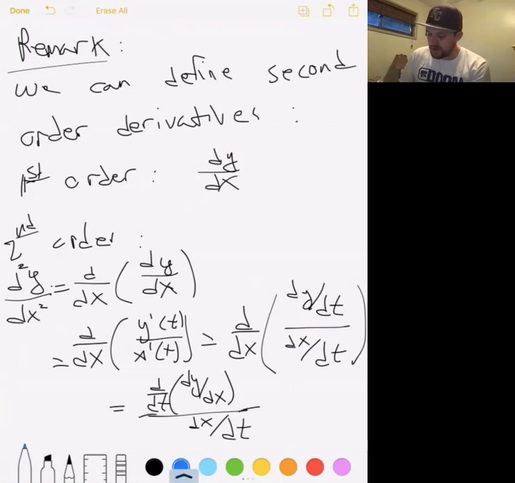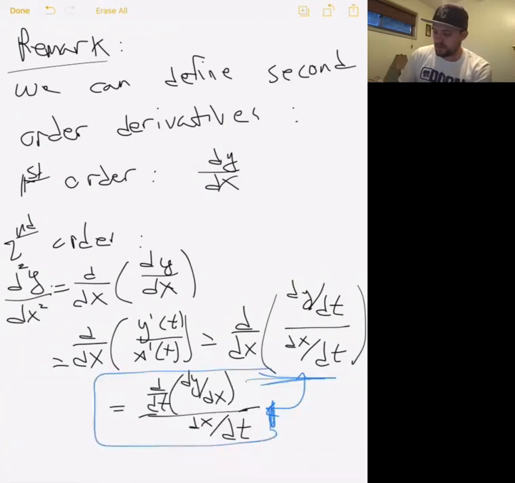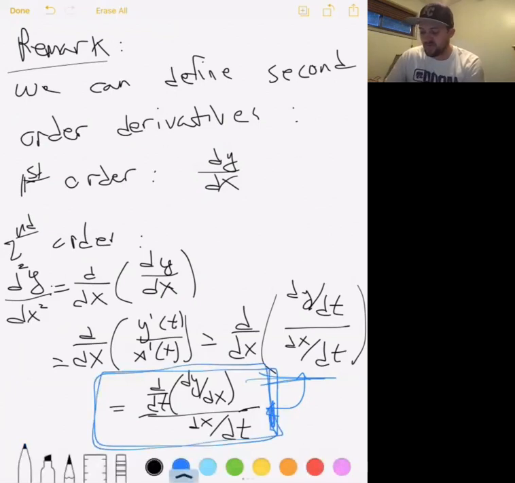And if you'd like a nice little exercise in playing around with derivatives and having to use the chain rule and stuff like that, I would challenge you to try to get from this step to this step here, to get the actual formula we use for the second derivative defined in terms of parametric equations.